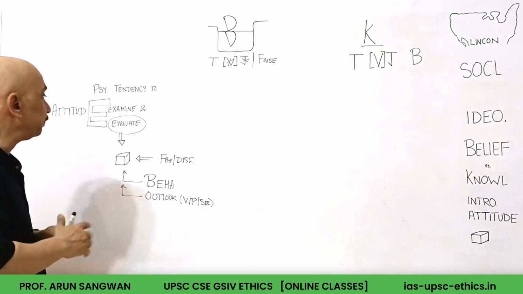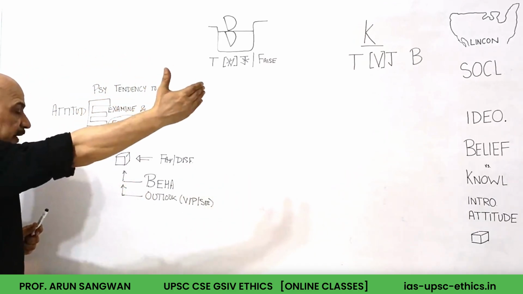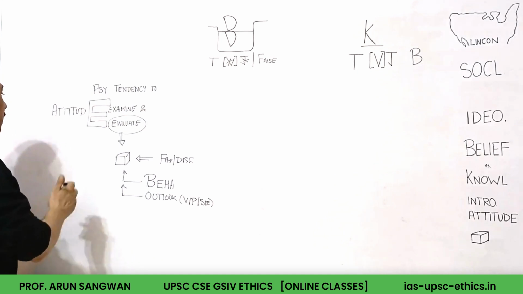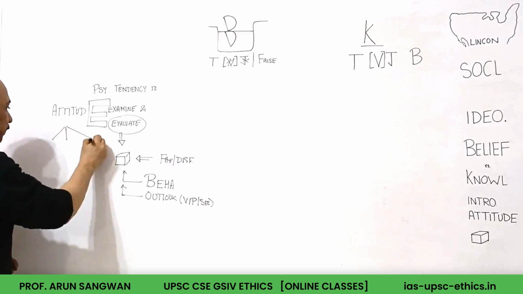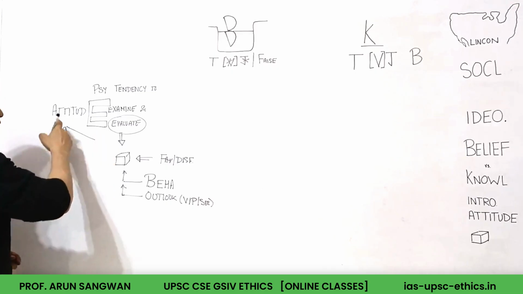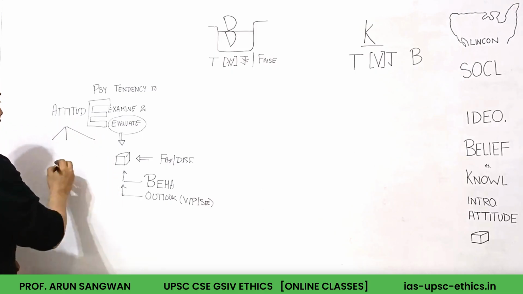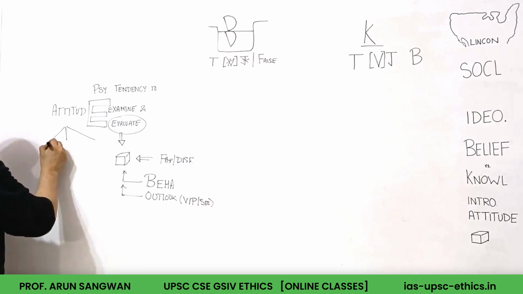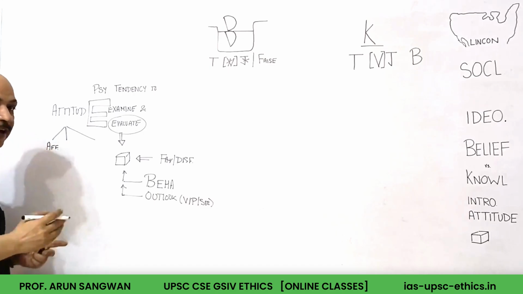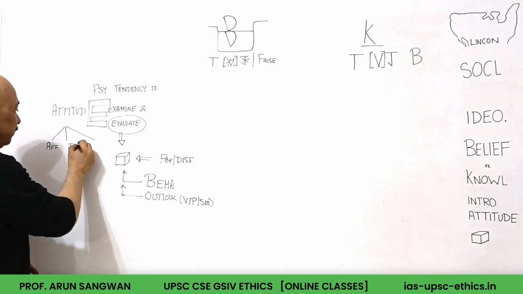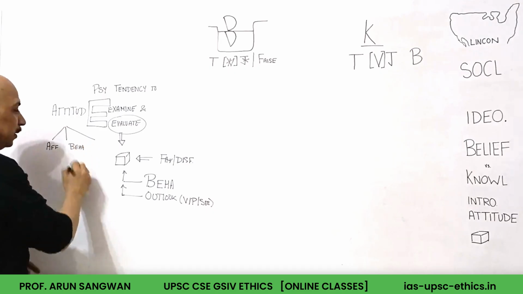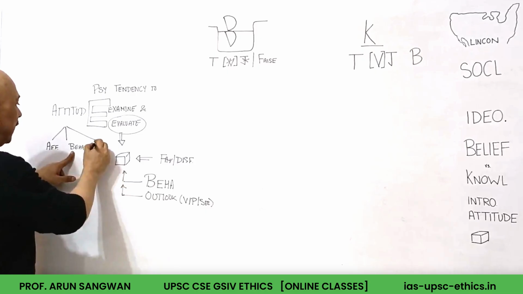Although when we get into attitudes in detail, we will speak about how attitudes have 3 components, three ways I evaluate this. One is called the affective, A-F-F-E-C-T-I-V-E, affective. The second is behavioral, and the third is cognitive.